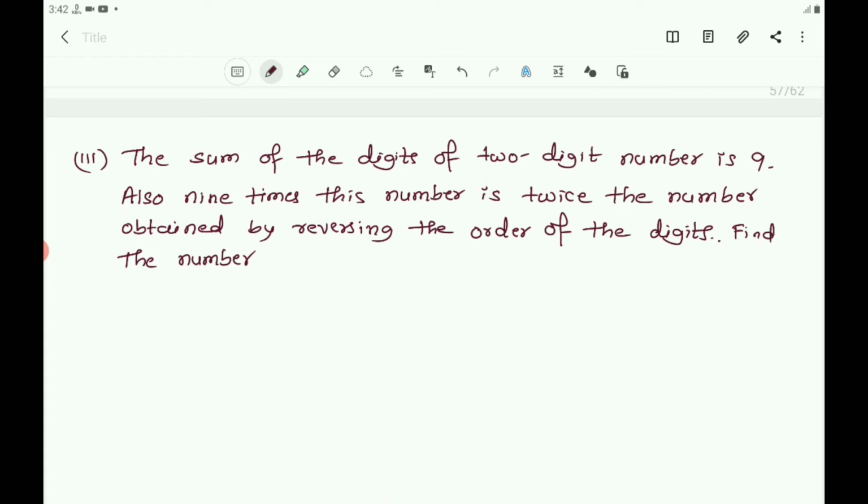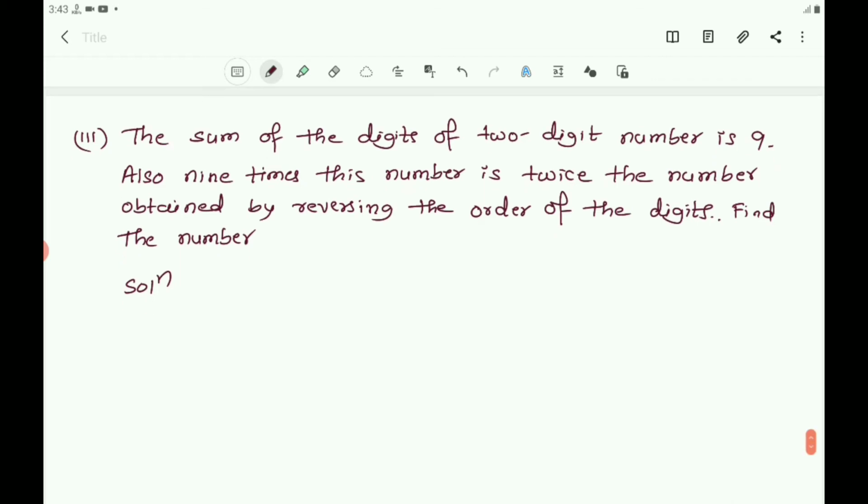Now, here let us consider the unit digit and tens digit. This is the solution here. Sum of the digits of a two-digit number means one is the unit digit and the other one is the tens digit here.